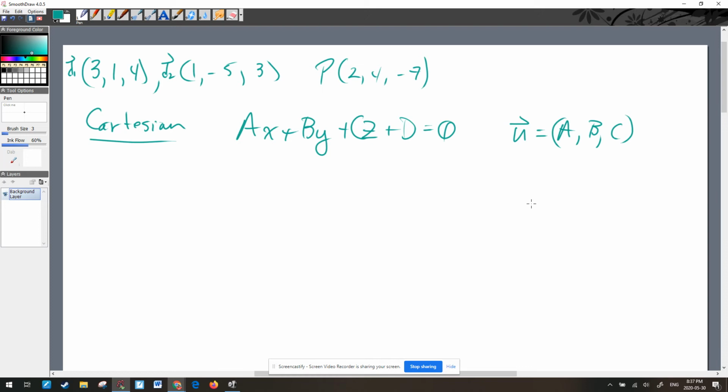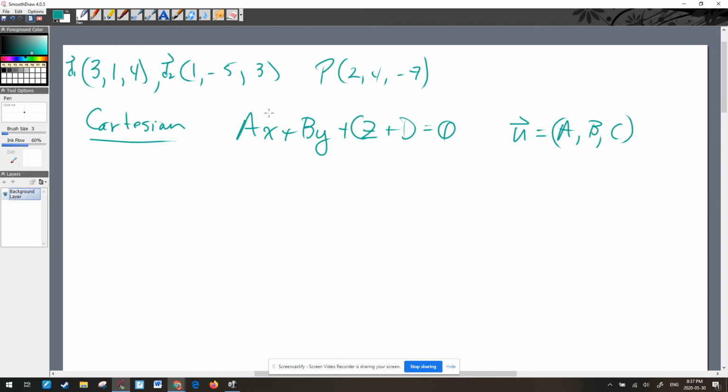Every line on that plane, the normal vector has to be perpendicular to it. So it needs to be perpendicular to this direction vector and to this direction vector. How do we find something that is perpendicular to both of those?